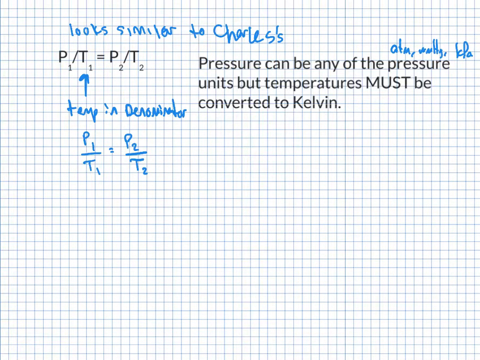Those are the most common ones that you're going to see. It doesn't matter which of those you see as long as P1 and P2 are in the same pressure unit. But your temperatures are going to have to be in Kelvin. And again, Kelvin is equal to degrees Celsius plus our magic number of 273.